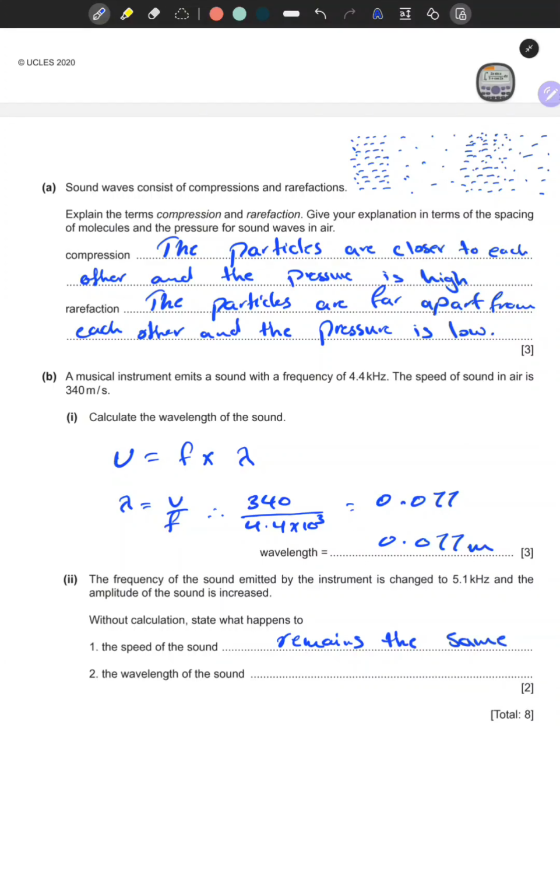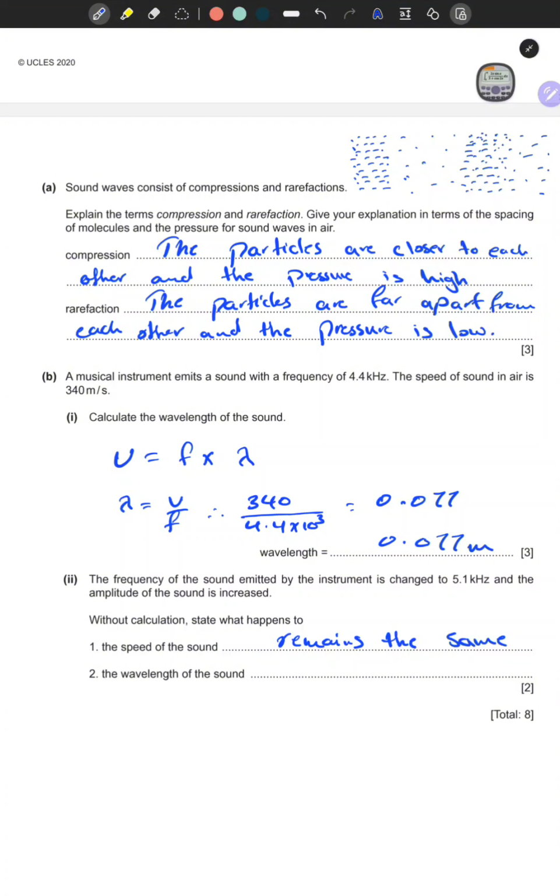Alright, and now the wavelength of the sound. The wavelength of the sound will decrease. It's a matter of a proportionality equation. Since the speed will be the same, an increase in the frequency will lead to a decrease in the wavelength.